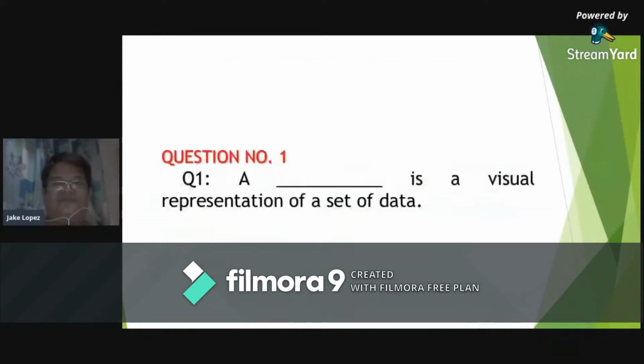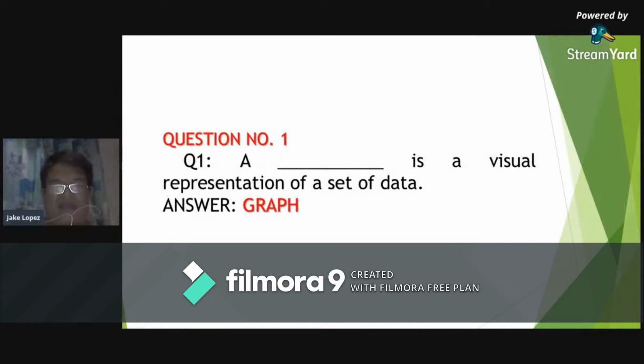Okay, question number 1, a blank is a visual representation of a set of data. What is the answer? Okay, graph. A graph is a visual representation of a set of data. So, visual meaning makikita natin.